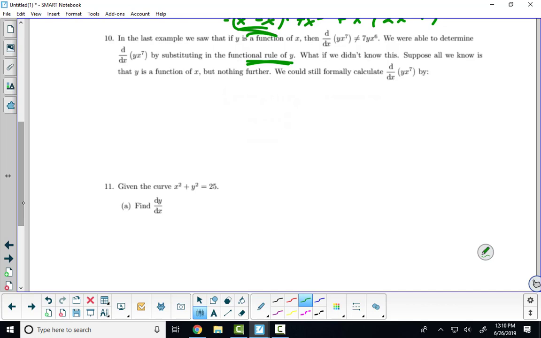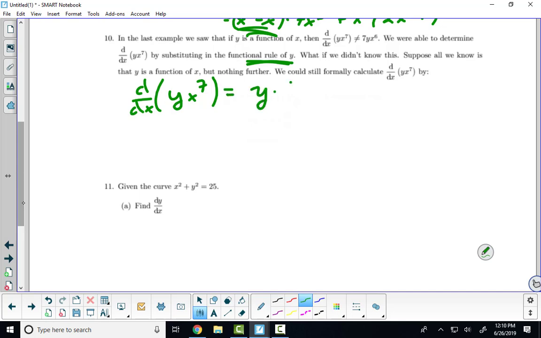So let's go ahead and do it again. Without knowing what y is, let's take the derivative of yx to the 7th. Without knowing what y is, the only thing we know is that it defines a function of x. Let's go ahead and take its derivative. Okay? So here we go.